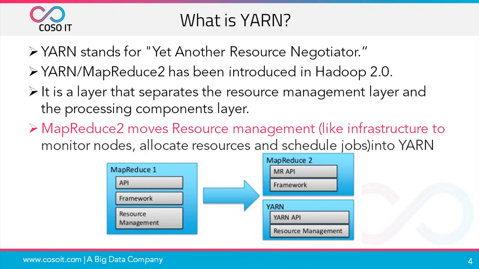So Mapreduce version 2 is simply the re-implementation of classical Mapreduce engine, now called Mapreduce version 1, that runs on top of YARN. So YARN is basically taking the function of resource management apart from the Mapreduce processing.